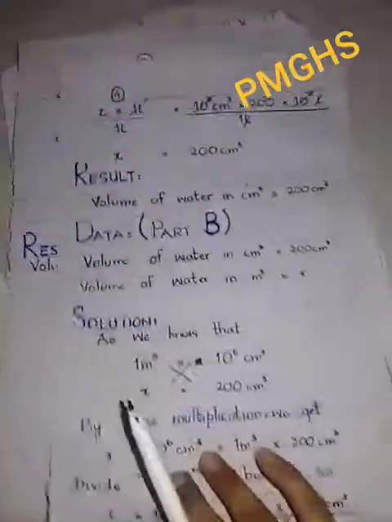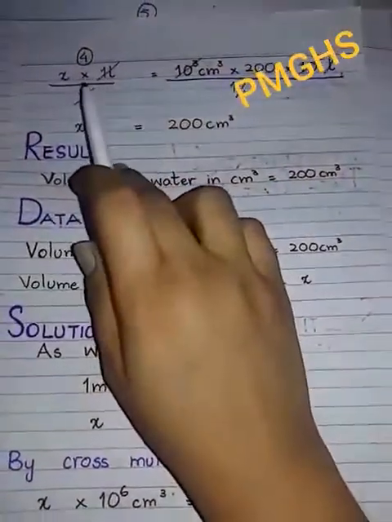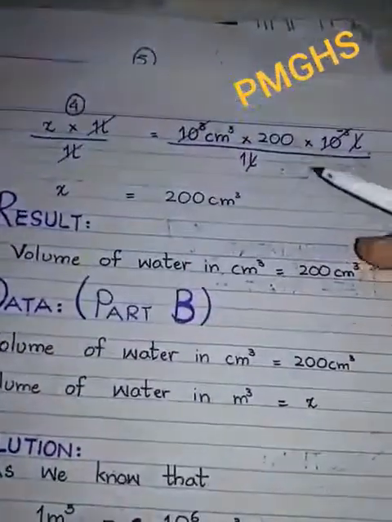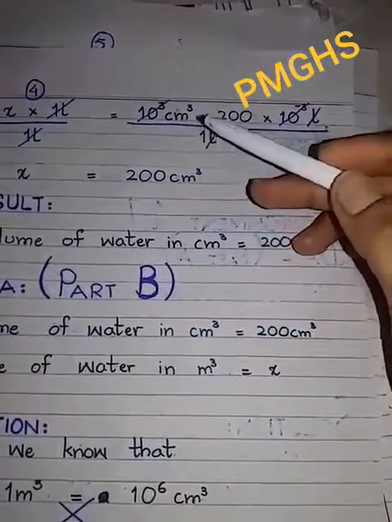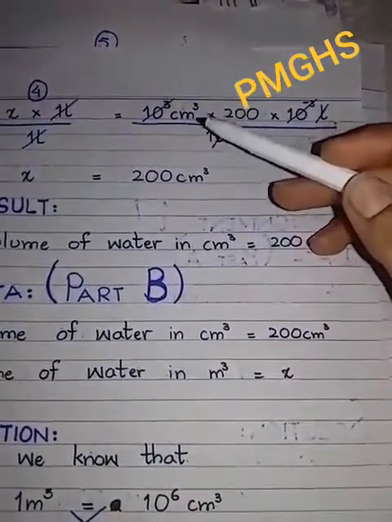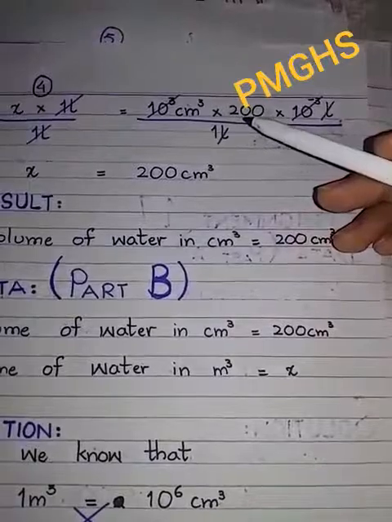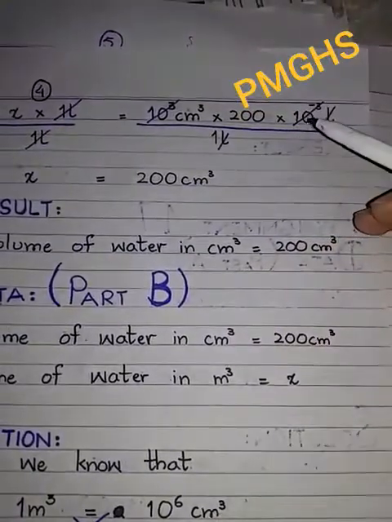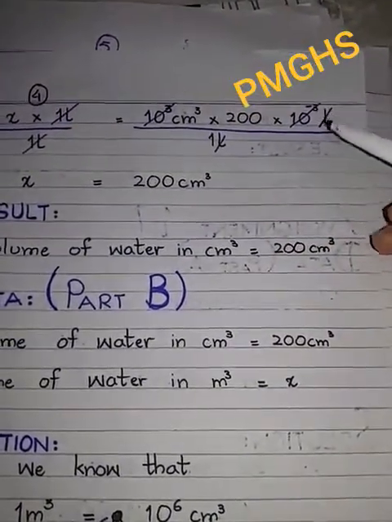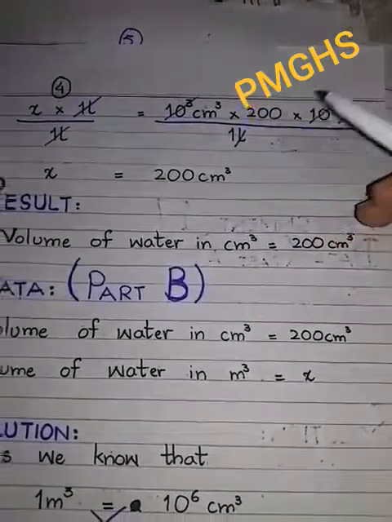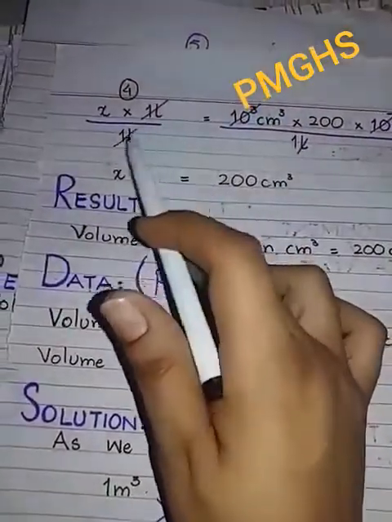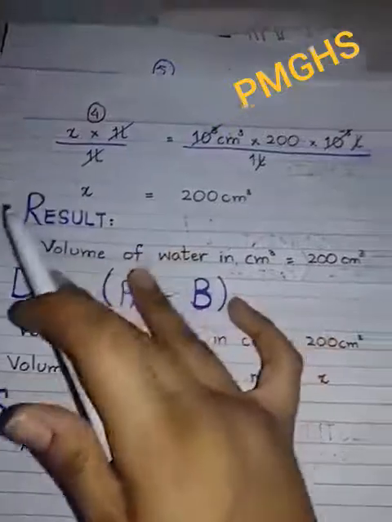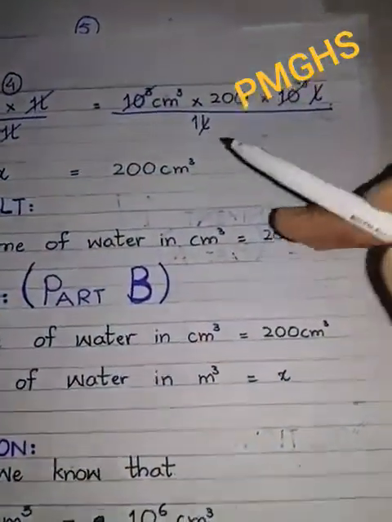So x multiplied by 1 liter divided by 1 liter is equal to 10 raised to power 3 centimeter cubic multiplied by 200 multiplied by 10 raised to power minus 3 liter divided by 1 liter. Girls, the 1 liter cancels; here we solve the unit.